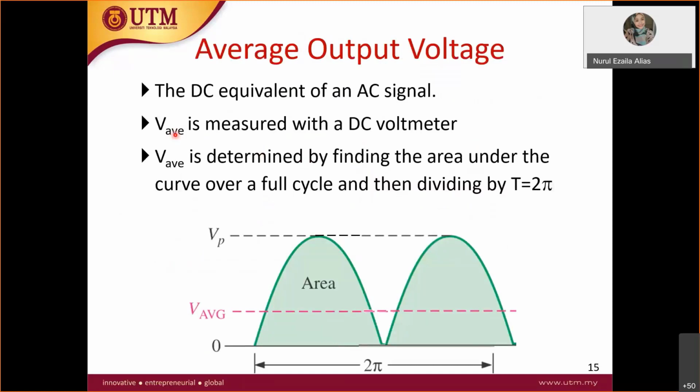This is your peak value. VP represents V peak, the peak voltage, and this one is the average voltage. The average voltage is actually the center of this cycle.